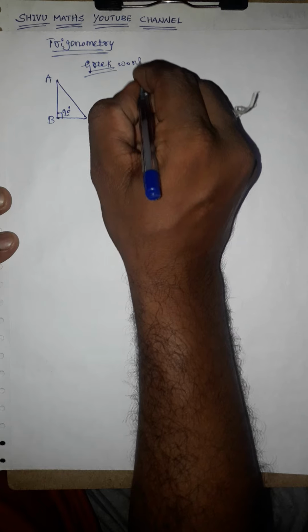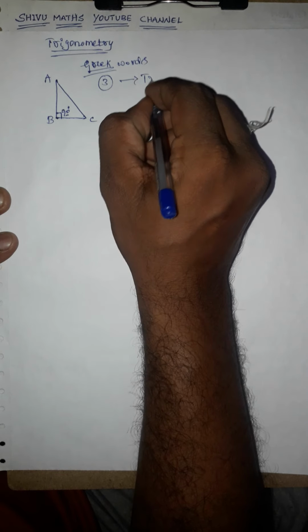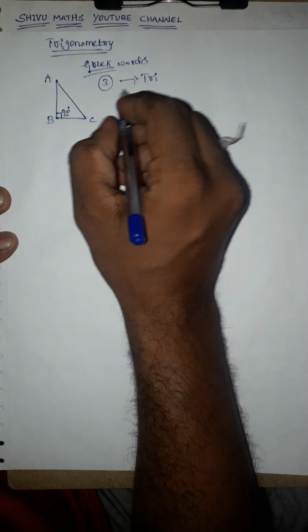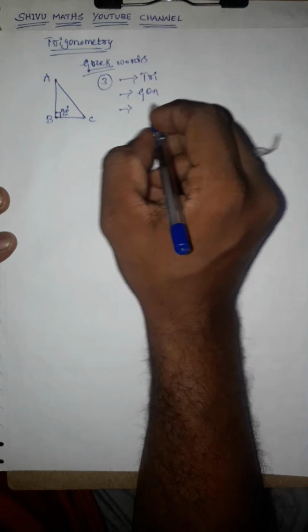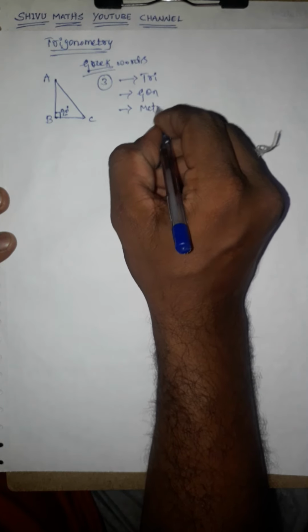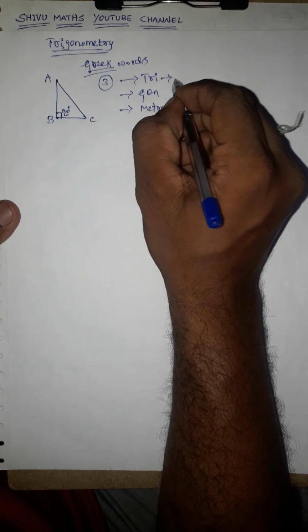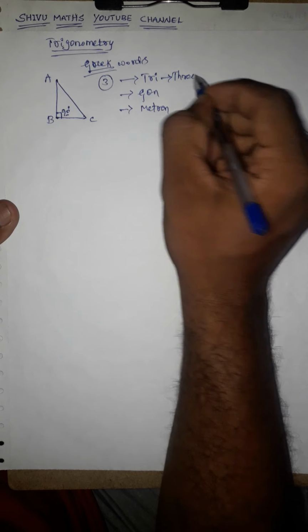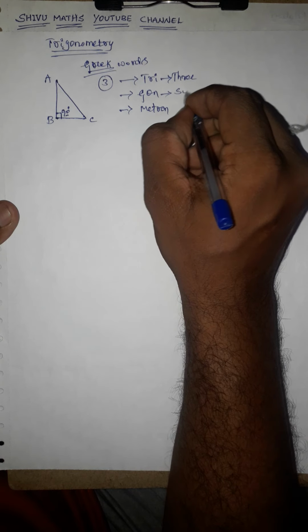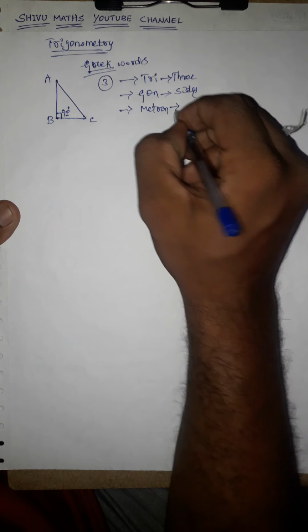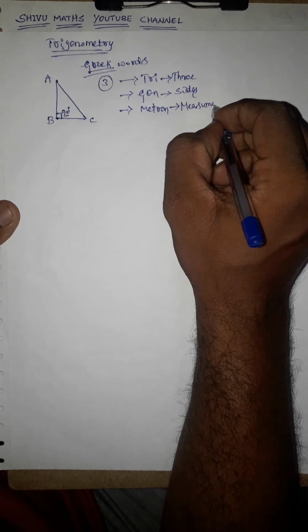The three Greek words are: first one is tri, second one is gon, third one is metron. Tri means three, gon means sides, metron means measurement.